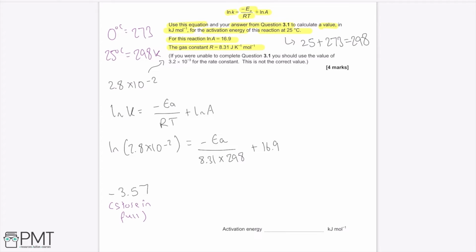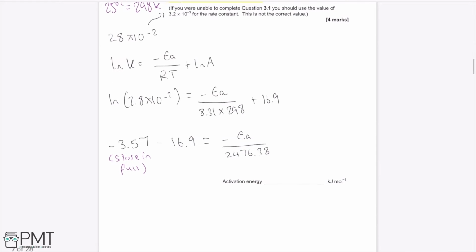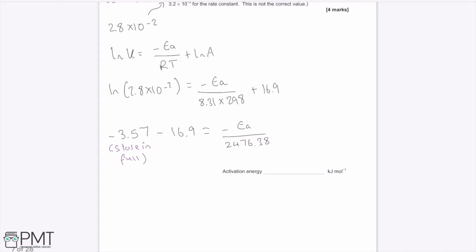Minus 16.9 equals minus EA divided by 2476.38. So if we do minus 3.575, which is the value we've stored in our calculator, minus 16.9, we will get minus 20.475. And then if we multiply this by 2476.38, we will get our value for the minus activation energy.